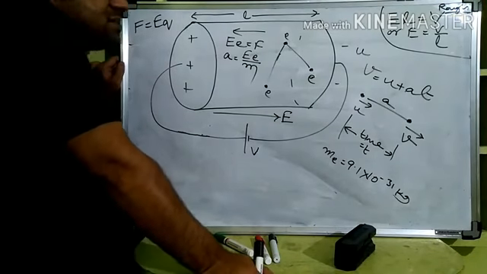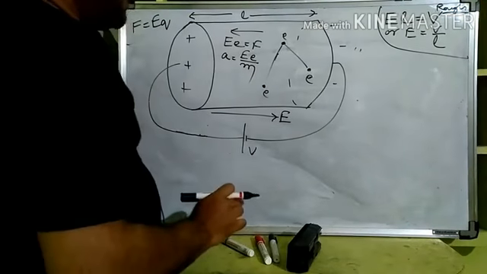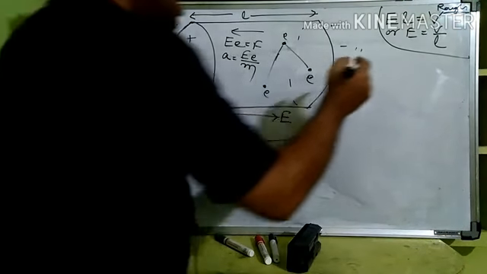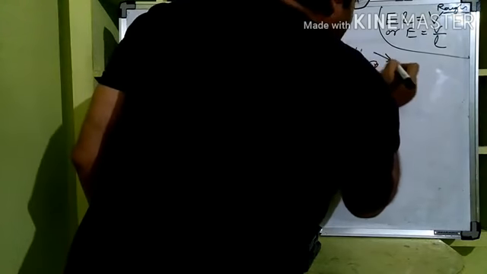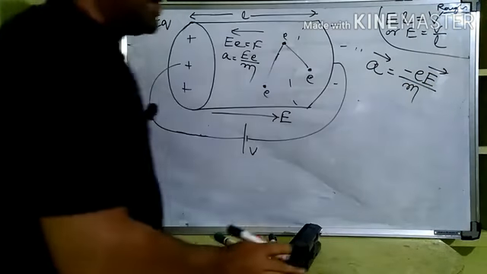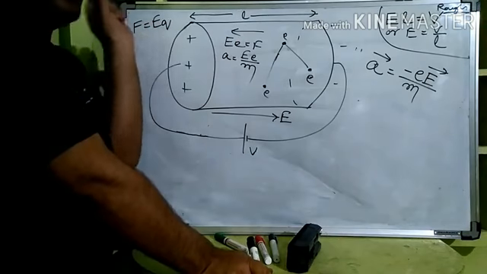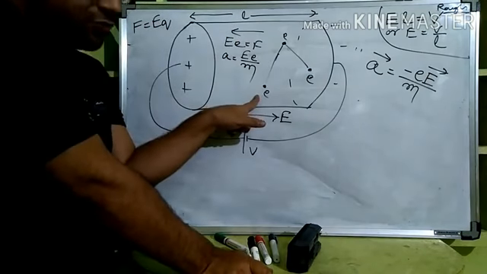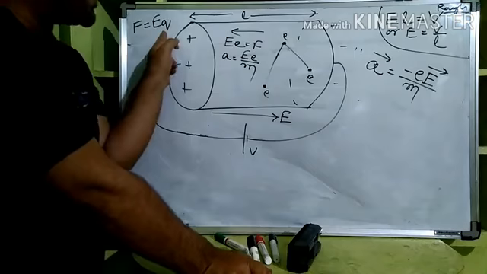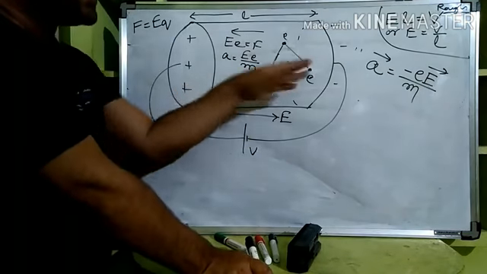If we express it vectorially, how can we write? a is equal to minus eE by m. Why minus? Actually it is qE, right? q is equal to minus e in case of one electron we are taking. Actually, if we write q, it is qE by m for any charge. But for this particular case, it's minus e.